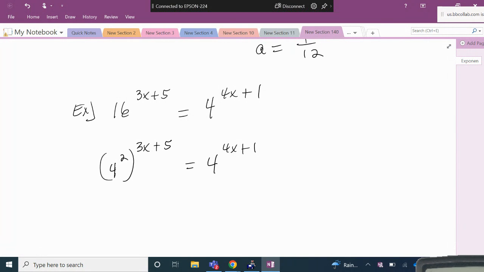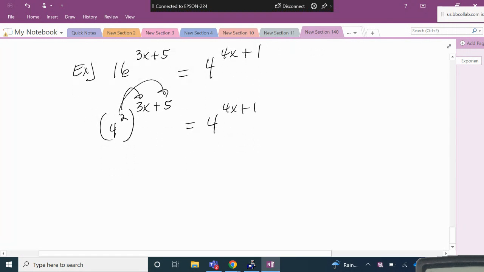So now since we're raising a power to a higher power, we want to multiply. So I'm going to multiply 2 times 3x and 2 times 5. So here we have 4 raised to the 6x plus 10 is equal to 4 raised to the 4x plus 1.